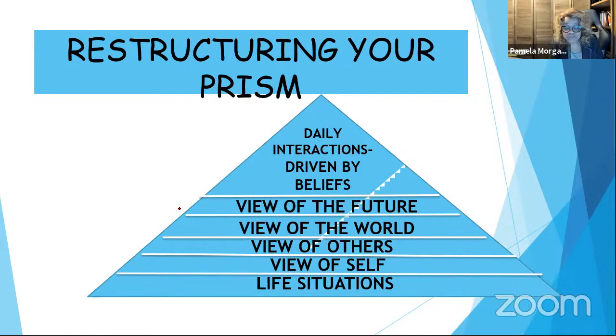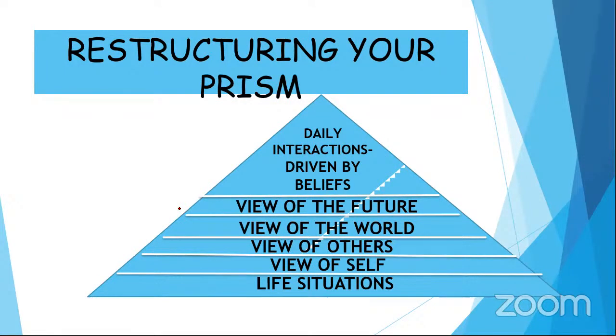When something is refracted, the direction or angle of it is changed by what it passes through. So we allow their situation to pass through our beliefs and our past experiences, again, maybe changing their reality.